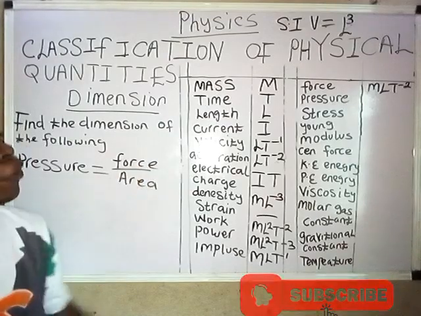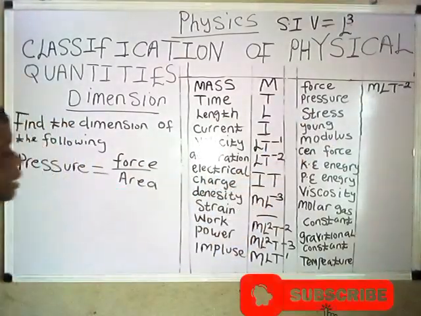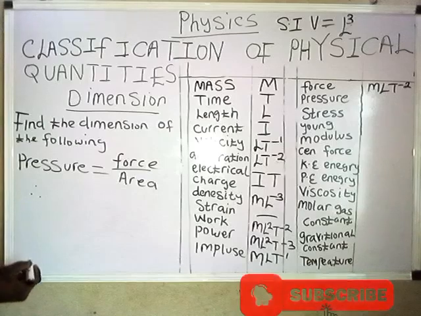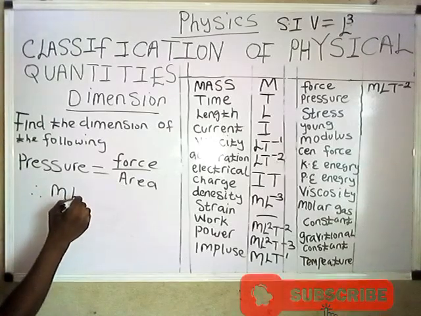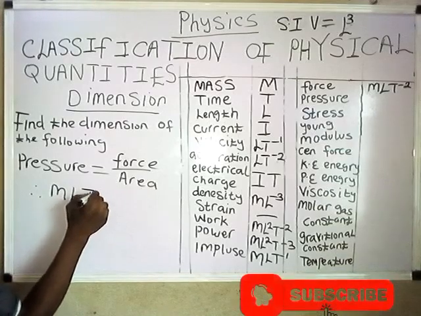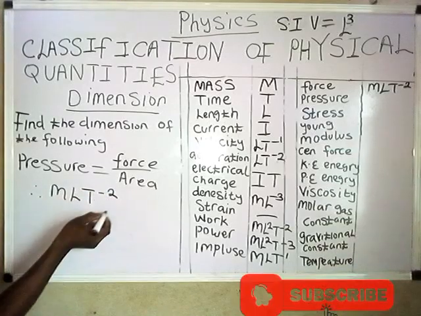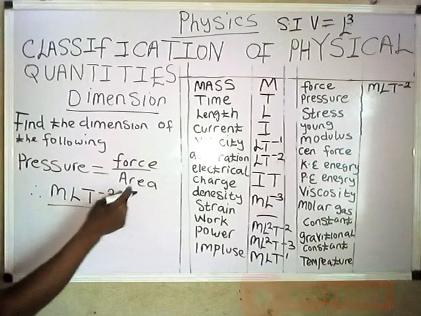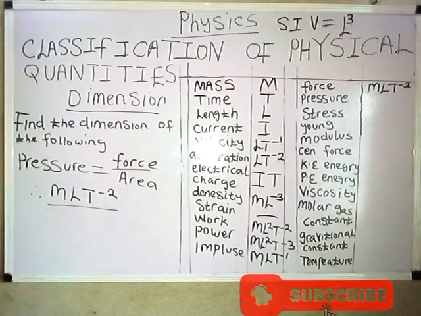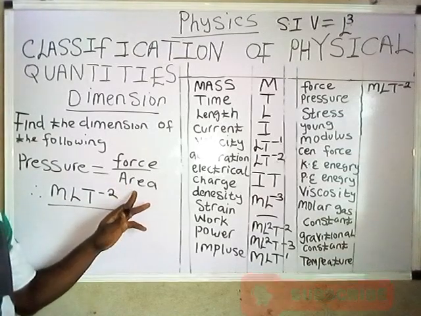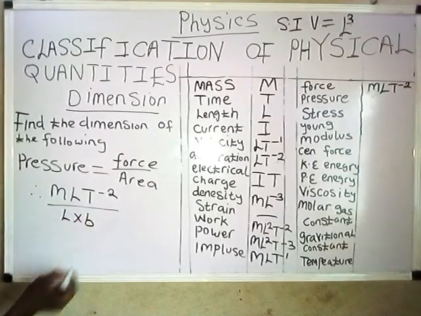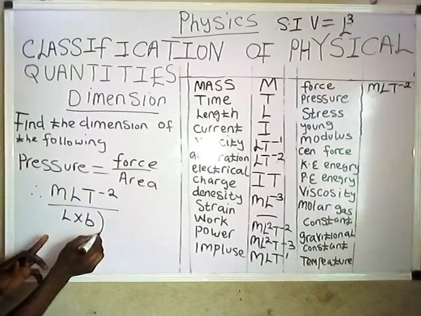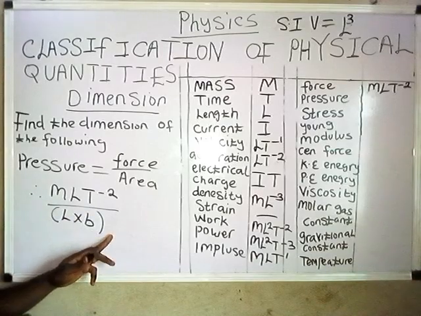Earlier we did the dimension of force in the table below, and it is M L T raised to power minus 2 over area. And note that to get area is length times breadth. So length times breadth, and both of them are measured in meters.